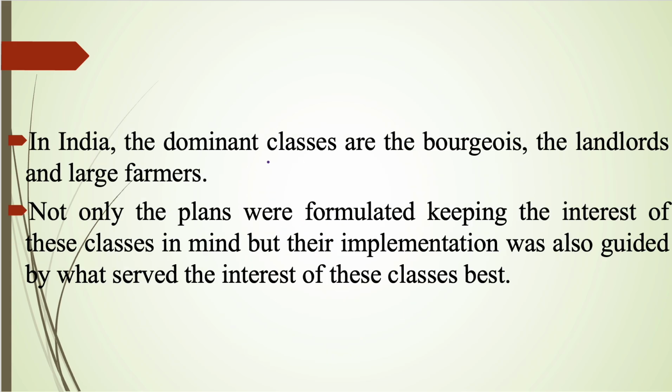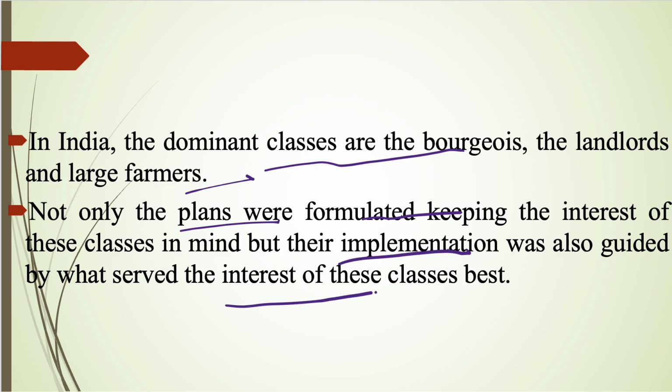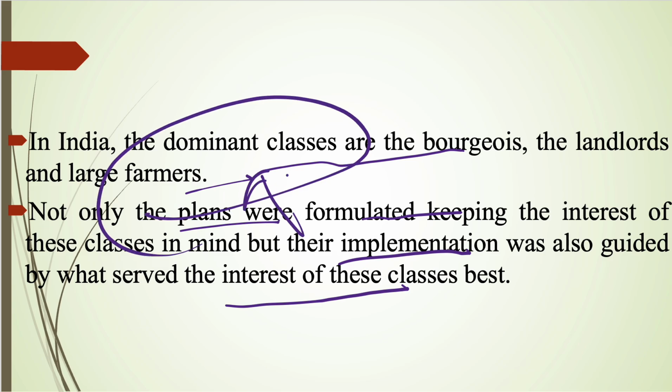In India, the dominant classes are the bourgeois, the landlords and large farmers. Not only were the plans formulated keeping the interest of these classes in mind, but their implementation was also guided by what served the interest of these classes best. So generally the budget and the planning of the economy in India are based on the farmers or special classes also.